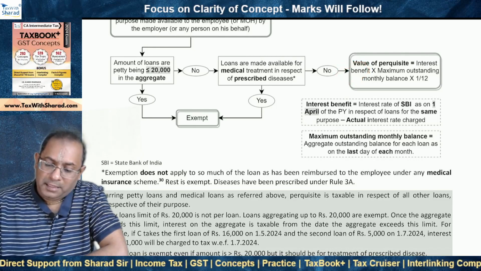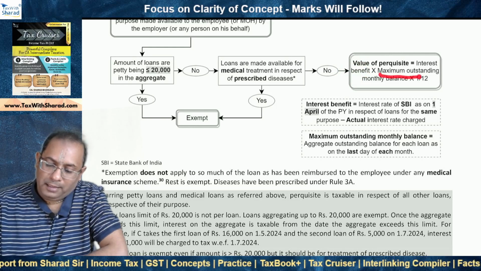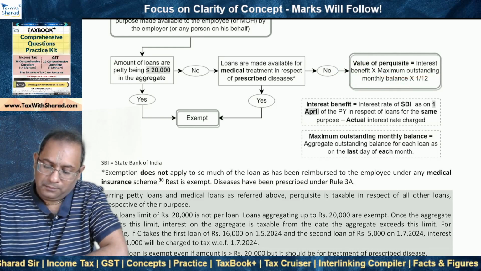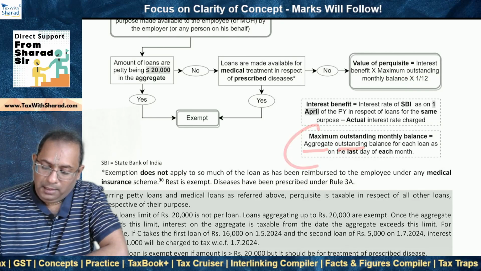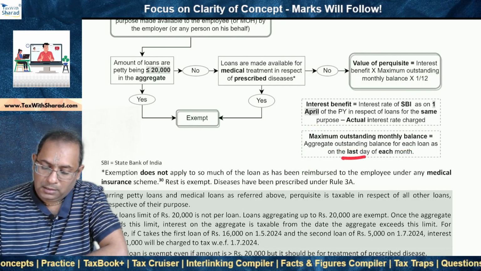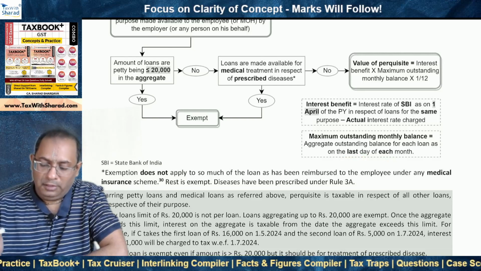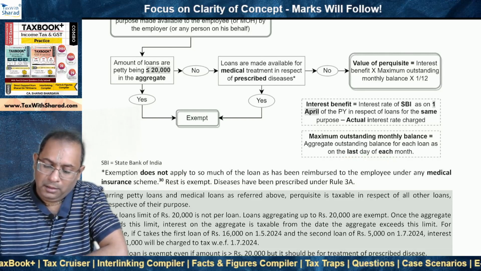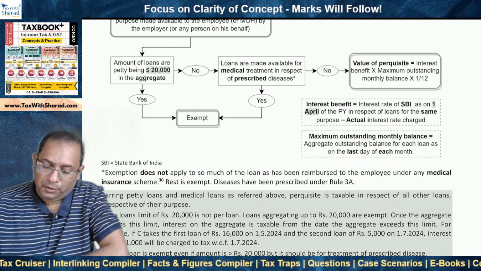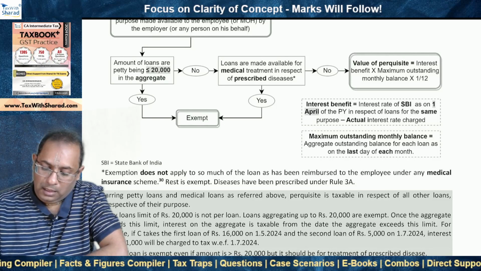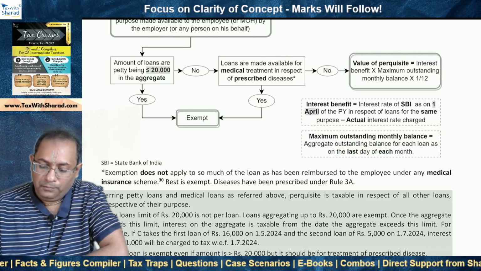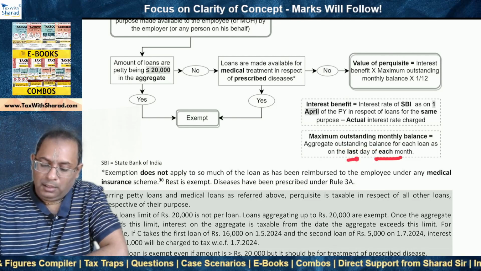Next you need to find out the maximum outstanding monthly balance. What is this? It is the aggregate outstanding balance for each loan as on the last day of each month. So if there is only one loan that has been taken, for that loan you need to see what is the outstanding balance of that loan for each month on the last day of that month.